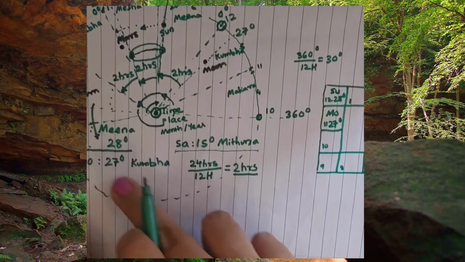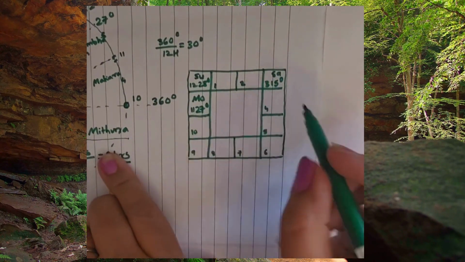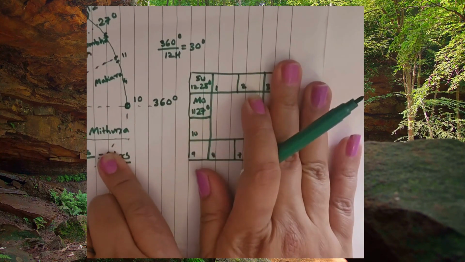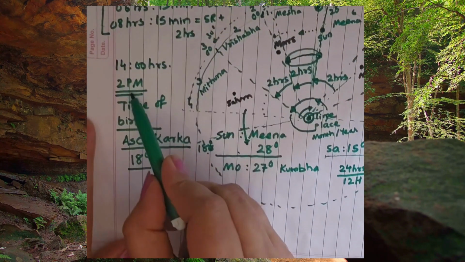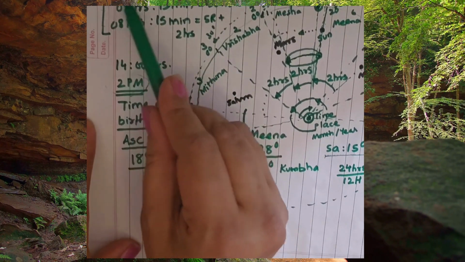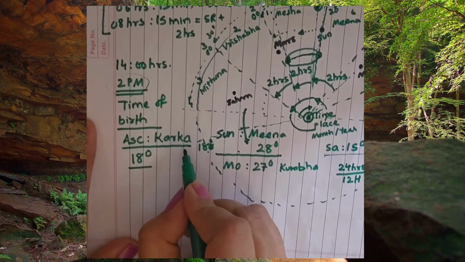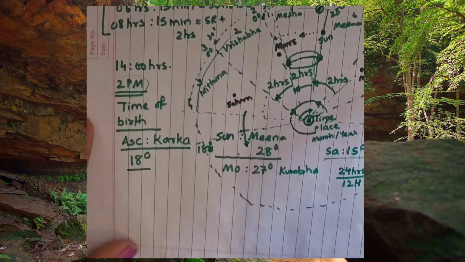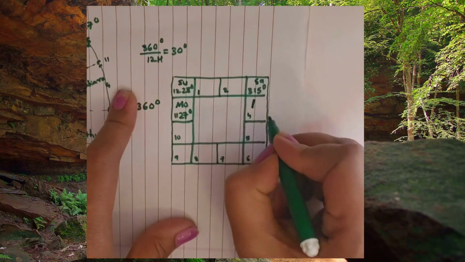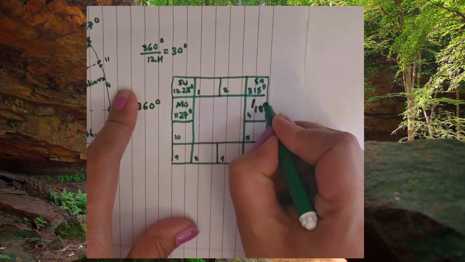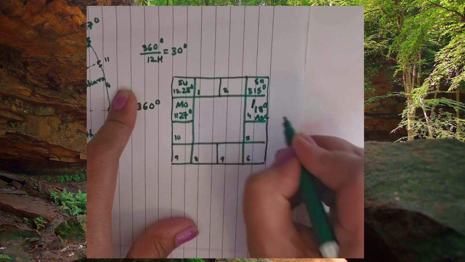We did not cover all the planets, but all the 9 planets, 7 planets and Rahu and Ketu will be placed somewhere in this similar fashion. Right? Coming to Lagna, we just said that based on 2 p.m. and the sunrise time, the ascendant of the person or Lagna of the person is Karka, 18 degree. So here it will be indicated like this and 18 degree. Okay, in some places you will find it is written as ASC.